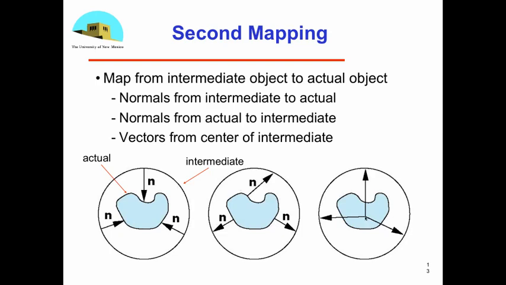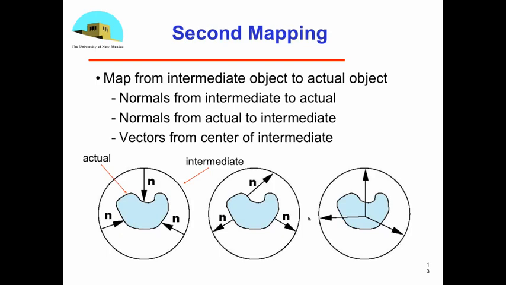Or I can go to the center and simply draw lines that go out radially from the center, and then follow that line from where it intersects the object out to the surface of the intermediate object and get the color from over there. And that gives me a different value than either of these. So we can do this in various ways in principle.